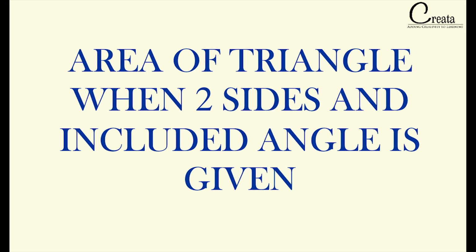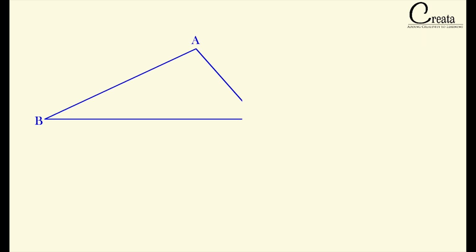Moving further, now we will see the formula of area of the triangle when we know the two sides and the included angle. For explaining this, let's take a triangle ABC with the three sides as A, B and C. The three sides of this triangle are given as A, B and C, and one angle, that is angle B, is given as angle theta.